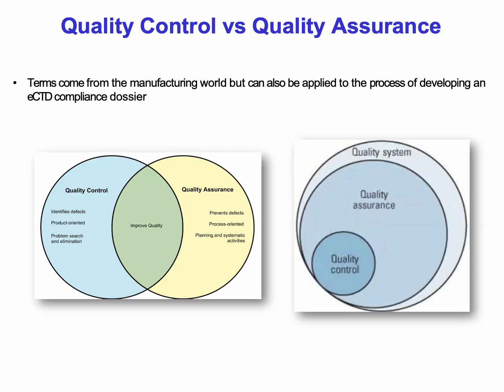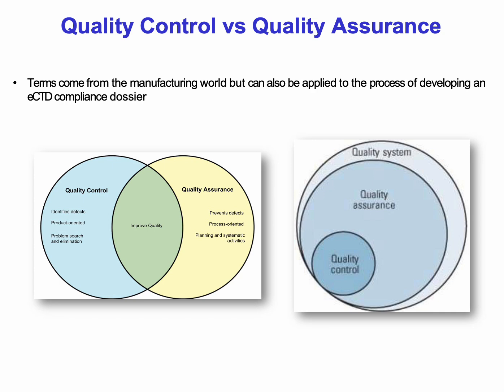Now, talking about the difference between quality control and quality assurance, on the left side you have the quality control. It's to identify defects. They are product oriented, and they are looking into problem search and elimination. Now, quality assurance does prevention of defects.